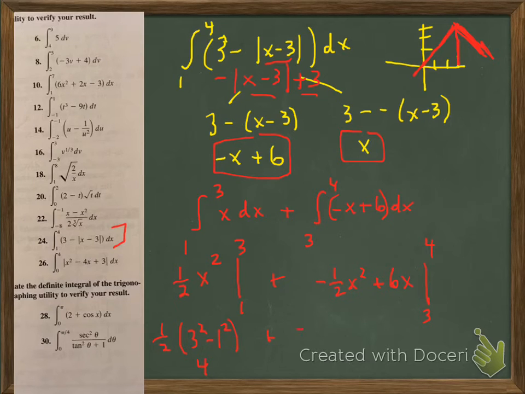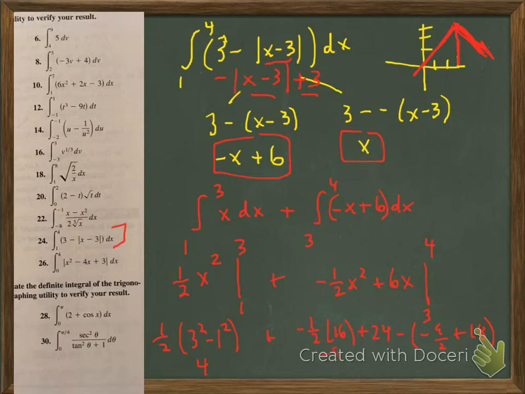Over here we have negative 1/2 times 16 plus 24, minus negative 9/2 plus 18.